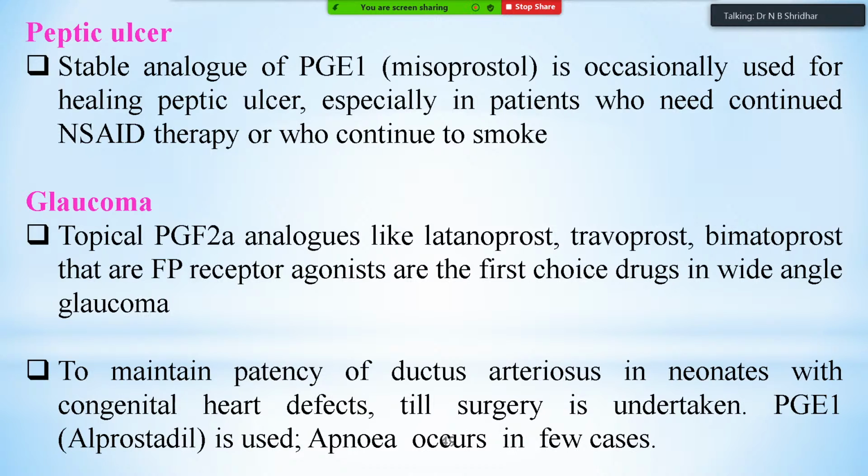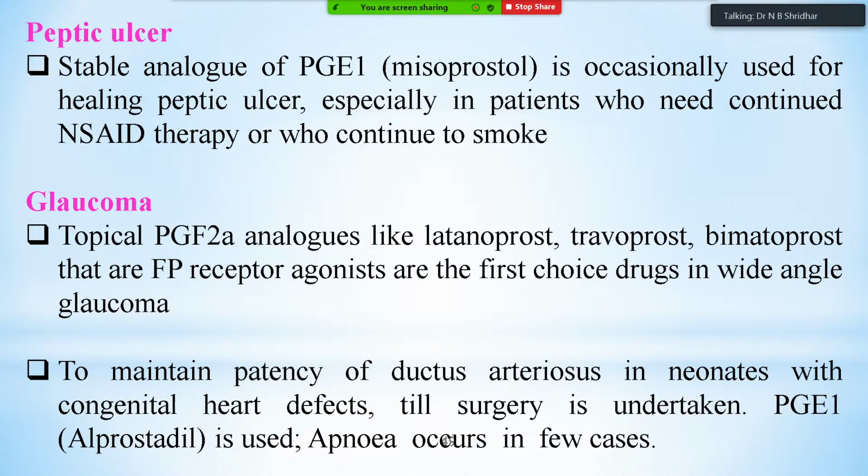And glaucoma is also treated with the PGF2 alpha analogs, like latanoprost, travoprost, and bimatoprost, that are the FP receptor, prostaglandin receptor agonists, and are the first choice drugs in wide angle glaucoma.